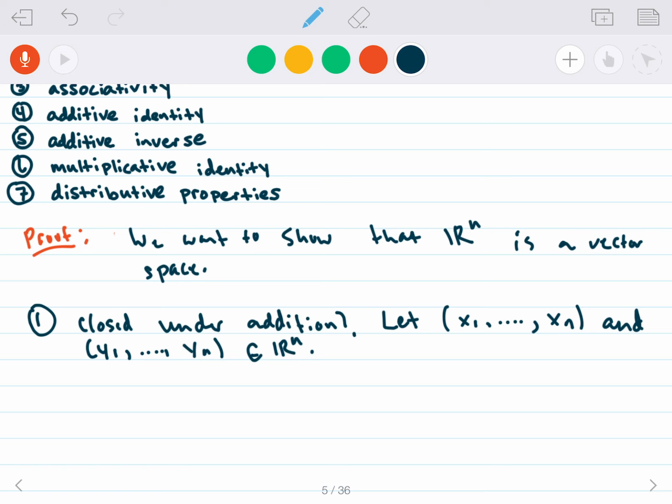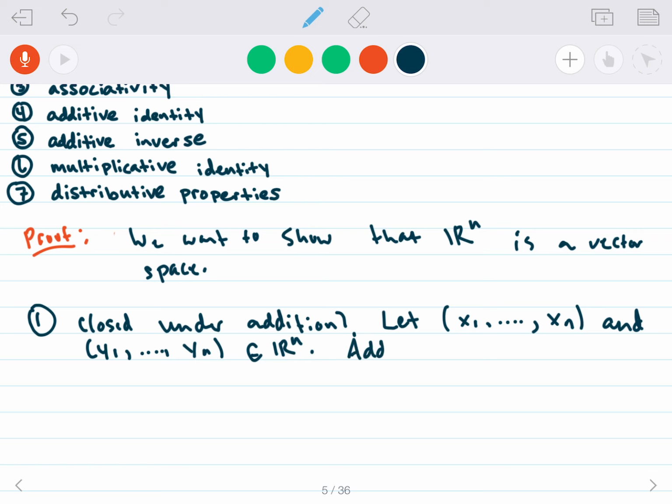We just said, okay, x1 through xn and y1 through yn are in Rn. That means that each xi, so x1, x2, all of those things are going to be real numbers, and same thing with each y, y1 all the way to yn. Those are all real numbers. So we said, okay, there's 2 vectors in Rn.